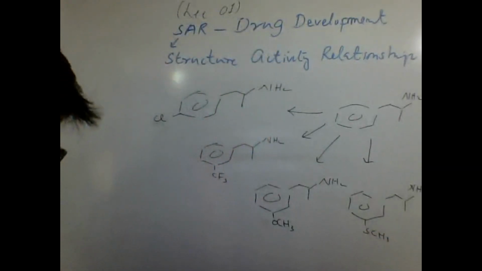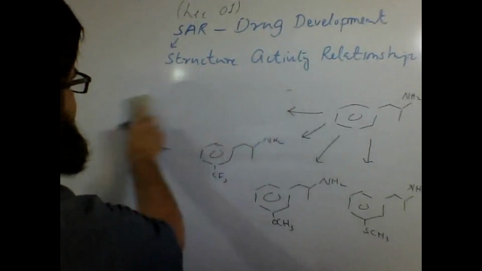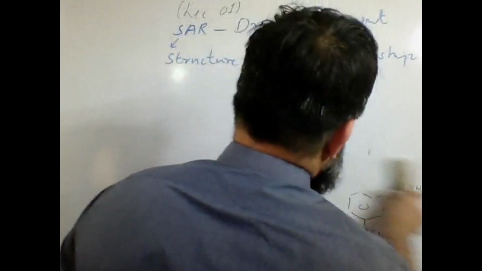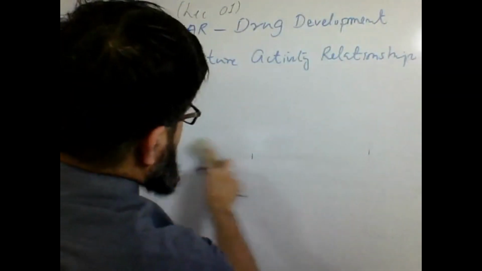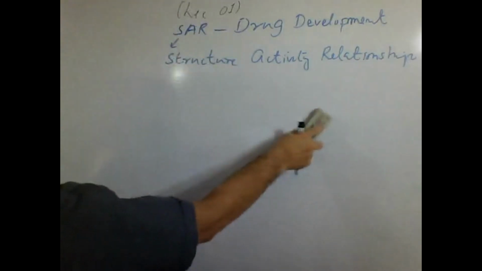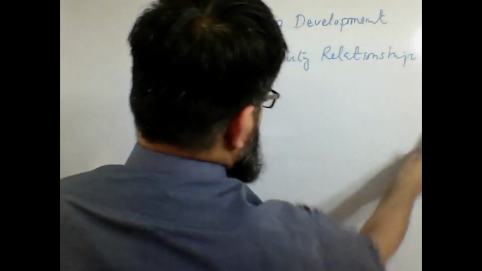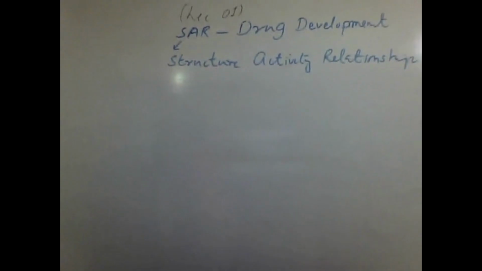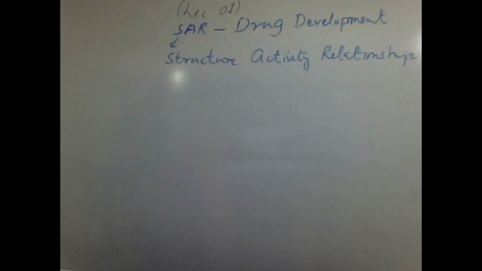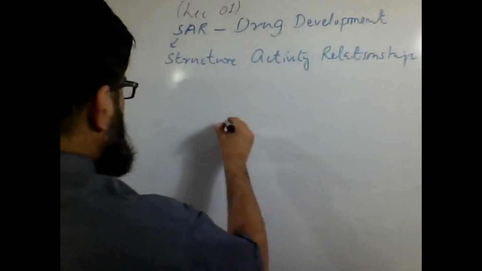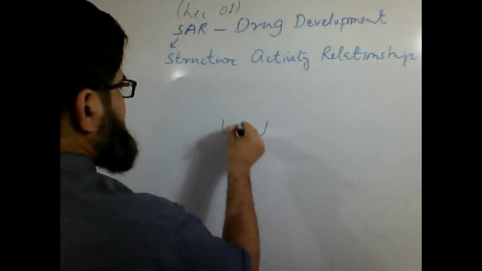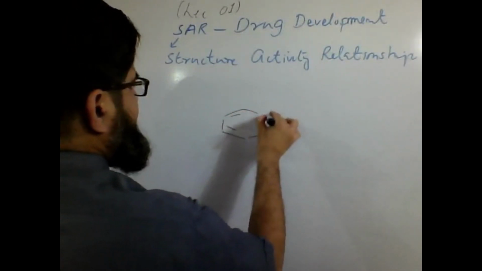So different substituents were introduced into the ring, and their pharmacological activities were compared with the original drug molecule, and considerable increase and decrease in the pharmacological actions were observed. Again, I'm just giving you an example, just to wind it up now.